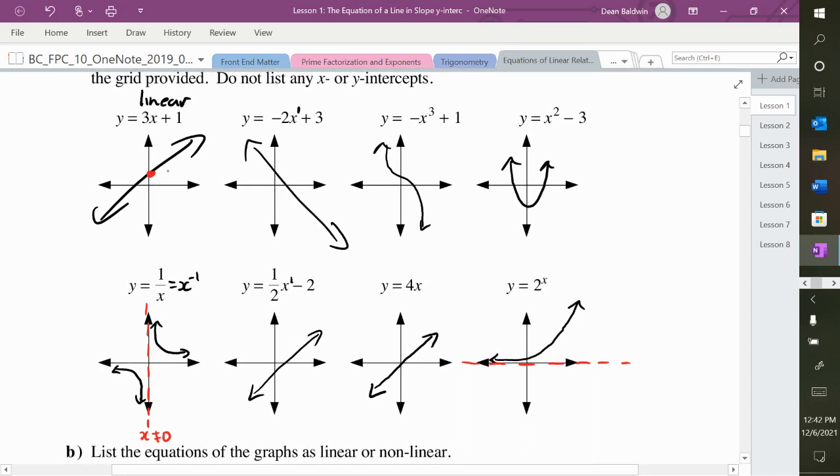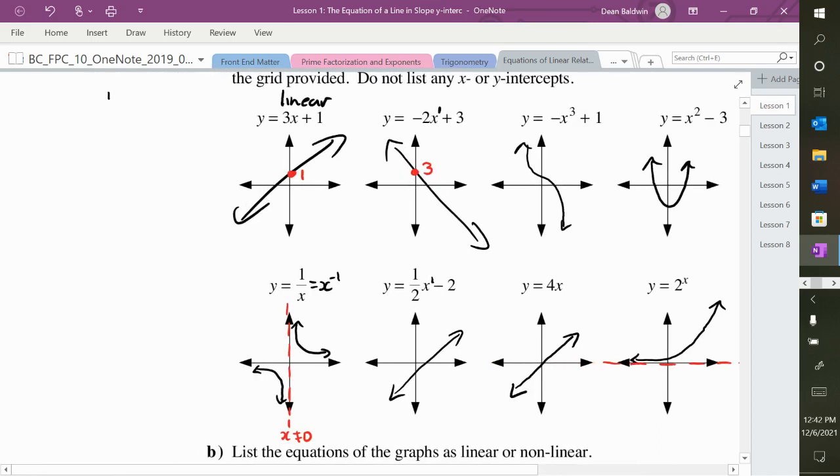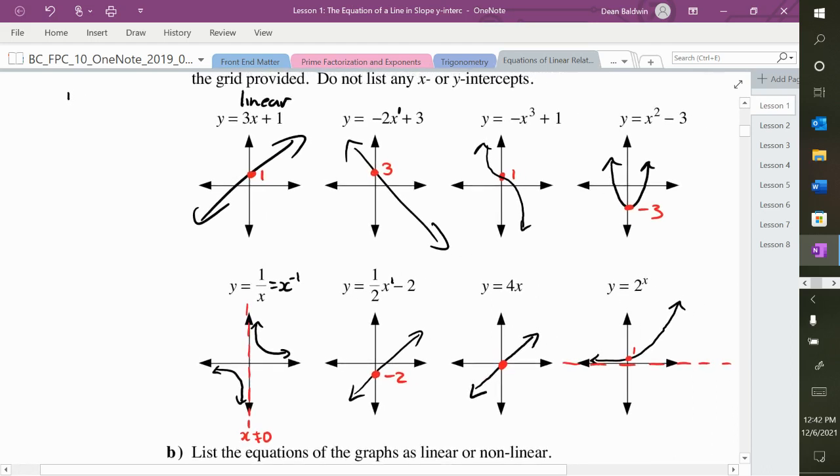I will tell you the numbers here. That's 1. That's 3. That's 1. That's -3. This is -2. That's 0. And that'll be 1. But excluding the last one, what do you call this number?